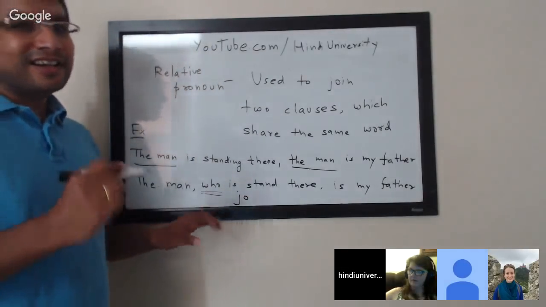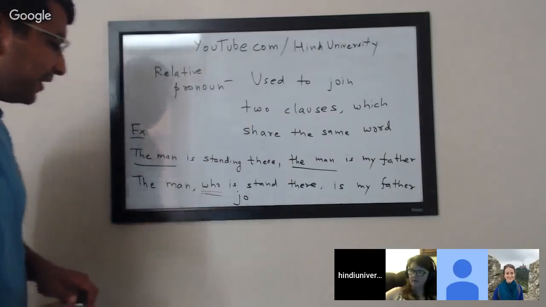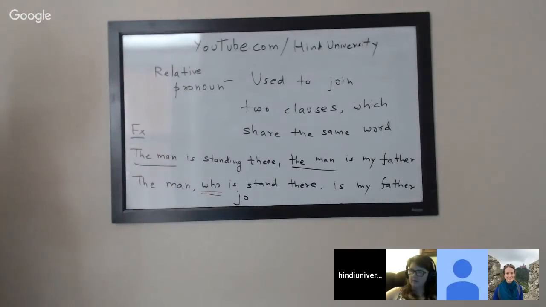Okay, so as I said, in the next 35-40 minutes we'll be covering different scenarios of similar examples in Hindi. Okay, so the man who is standing there is my father. So we replaced the man with who. Right, so I hope it makes sense.